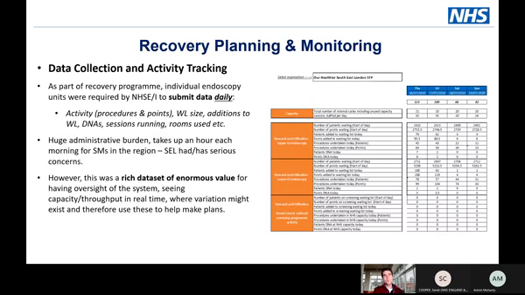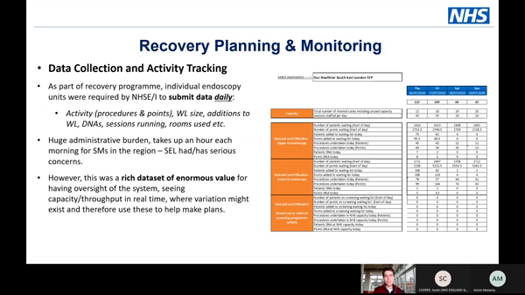What I will also do, this is just a very brief point about the data we had available during that planning and in the early stages of that planning. As part of the more formal recovery program, there was a request from NHSEI to submit data daily, covering a number of metrics which I've set out there, but they basically just covered activity in procedure and points, the size of the waiting list, the number of additions per day to the waiting list, DNAs, sessions running, rooms running, and so on.